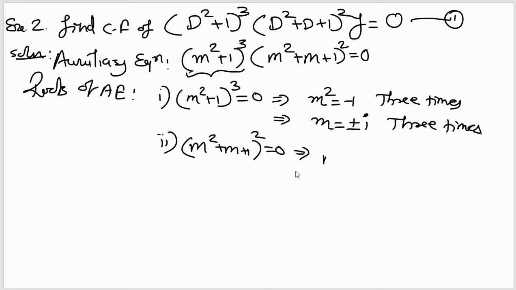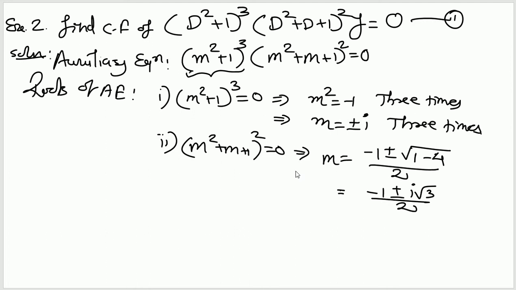So m = (-b ± √(b^2 - 4ac)) / 2a, that is (-1 ± √(1 - 4)) / 2, that is -1 ± i√3 over 2, and this 2 times.